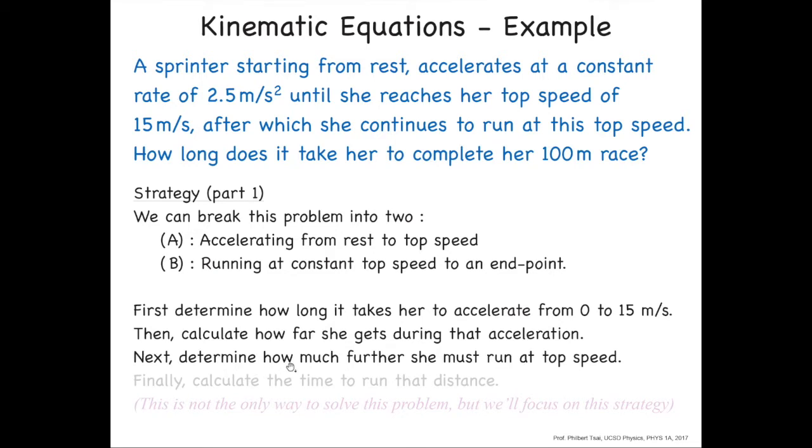So we can determine how much further she has to run at her top speed if we know how far she's gotten in getting up to her top speed. And then finally, we can calculate the time it'll take to run that distance at that constant speed. Now, this isn't the only way that you can attack this problem, but for now, we'll focus on the strategy.